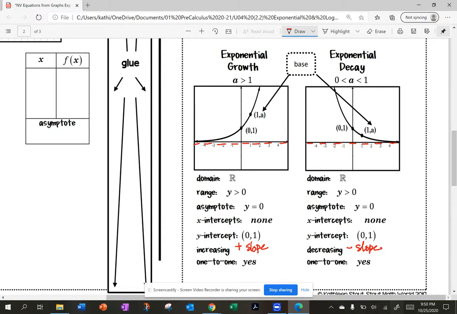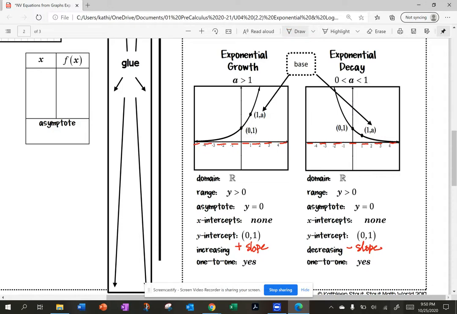Both exponential growth and exponential decay are one-to-one, meaning that my function and its inverse is also a function, which means I pass the horizontal line and vertical line tests.